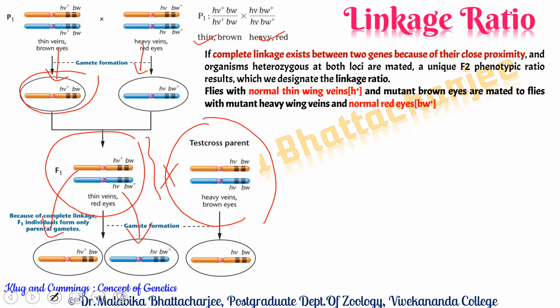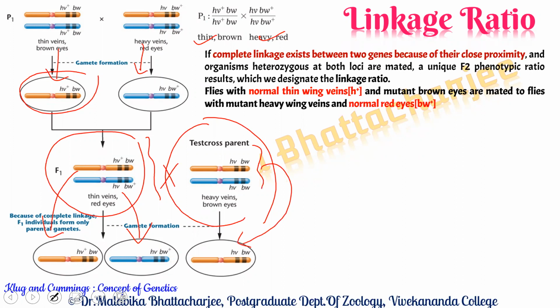There is no recombination between the two genes under study, as the two genes are linked. So we will be getting only the parental gametes from F1, and this other parent will produce only one kind of gamete.